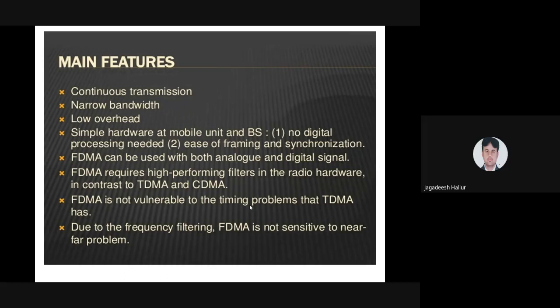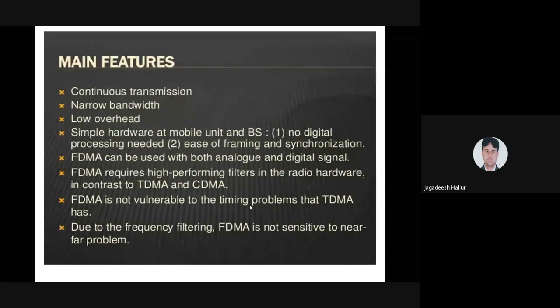These are very important features: FDMA is a continuous transmission, it is using a narrow bandwidth, and a simple hardware can be used between the mobile station and base station so that no digital processing is required, and framing and synchronization are also done easily.